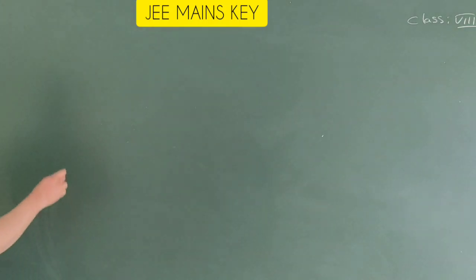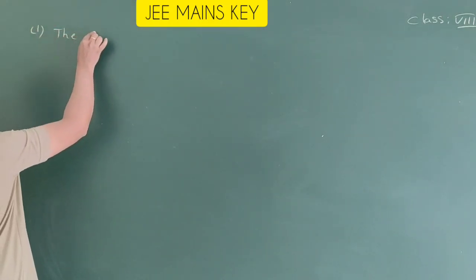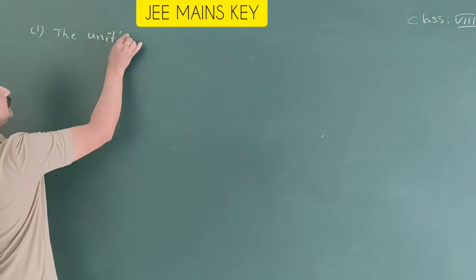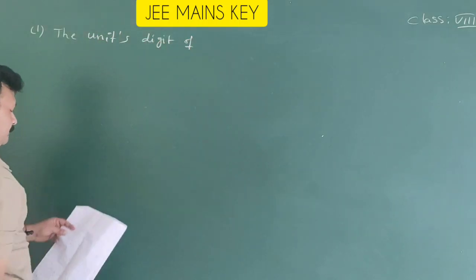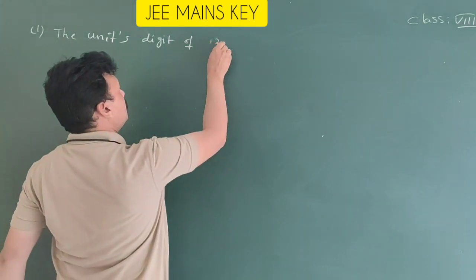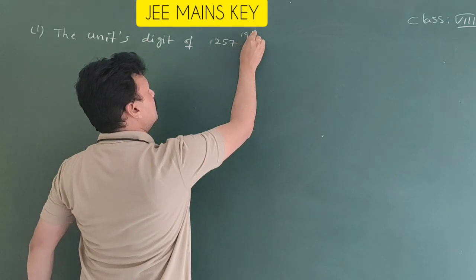The first question is the units digit of 1257 whole power 193.